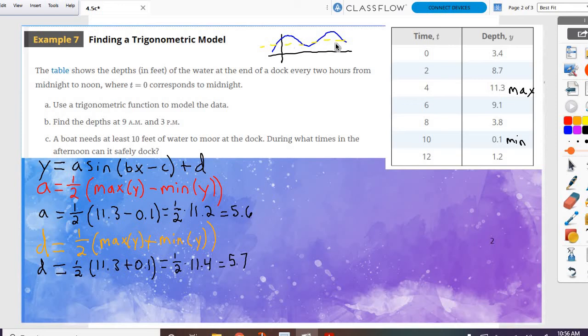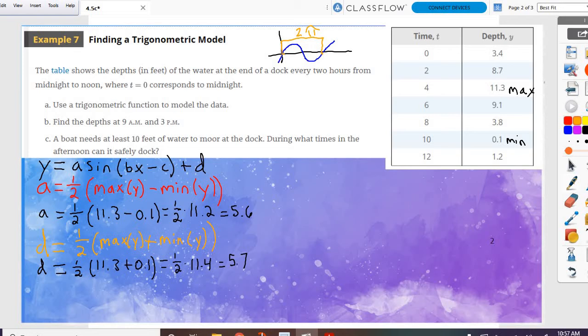So let's look at, again, this graph that we had up here. If I was just looking at our basic sine graph, it starts and ends at a 0. And in between those two things, for our normal graph, would be 2 pi. And that's how often it's going to repeat itself.